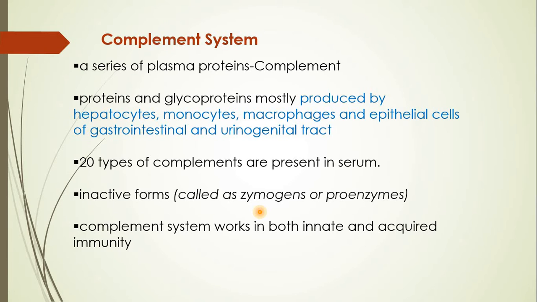Therefore, the main function of the complement system is to enable phagocytes to recognize the antigen. Alternately, you can say that these complement components can also induce direct lysis of the pathogen, or the pathogenic cell itself, right?